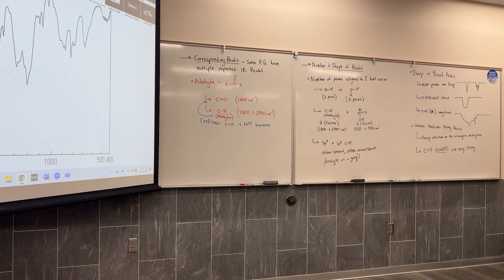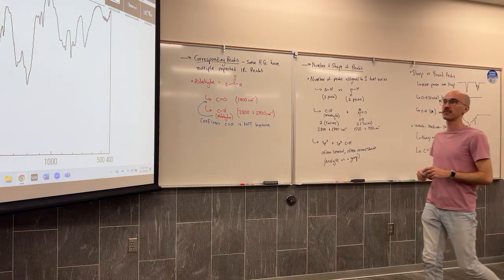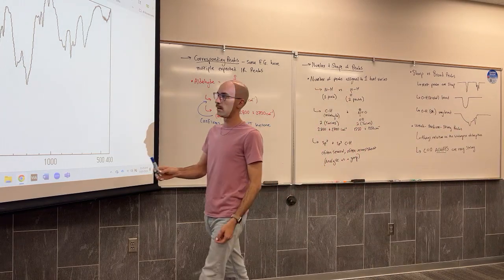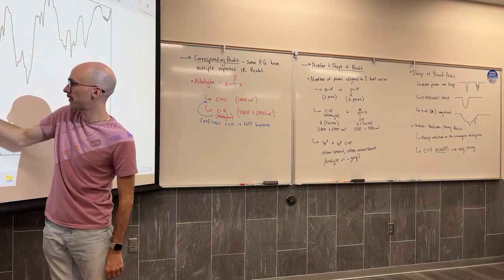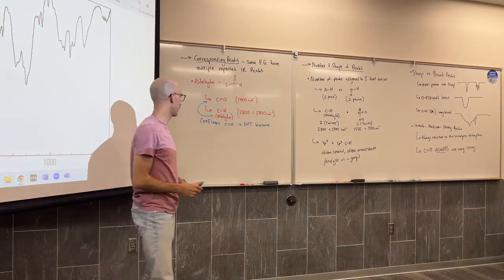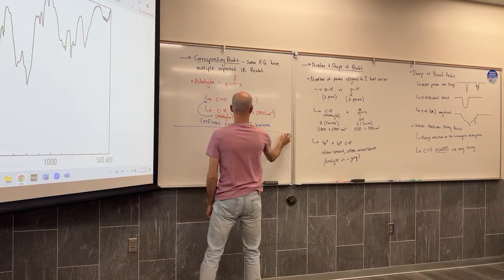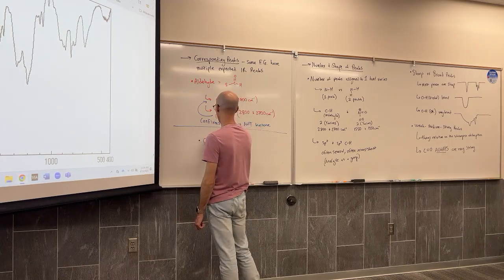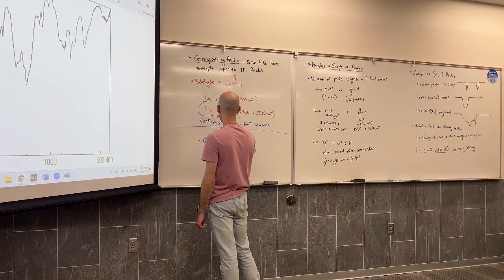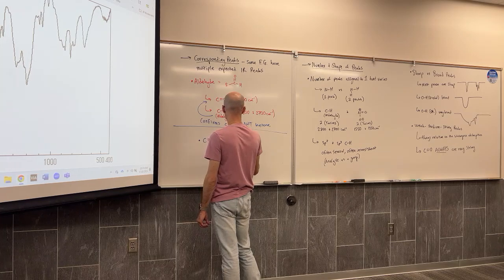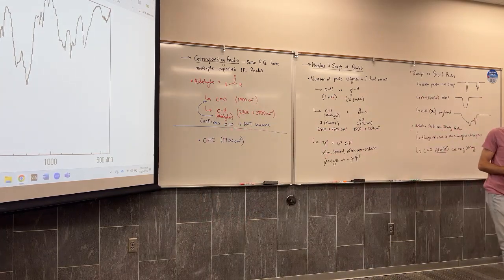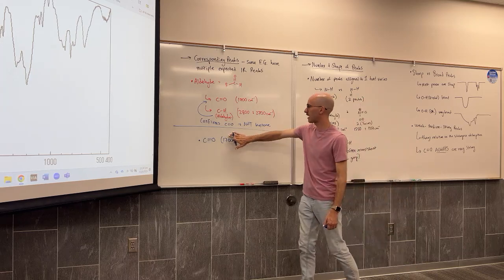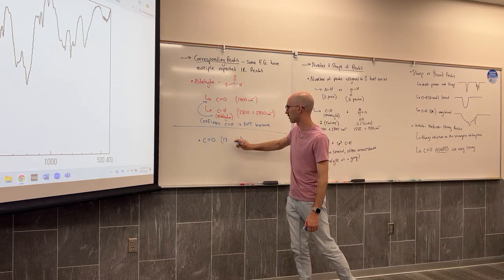And what I want to point out on this spectrum right away is that there is a CO double bond at about 1700. Oh, not 1700, 1710 is actually a little bit more appropriate.